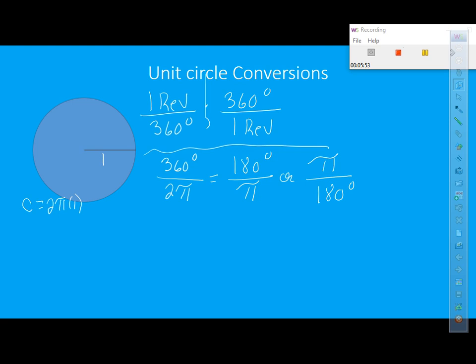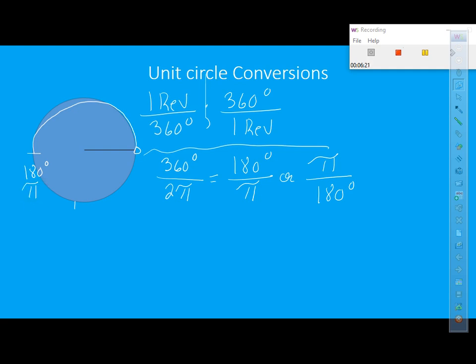Now, I just want to pick on this circle a little bit more before I jump into your class examples. Right here I'm at 0 degrees. I'm also at 0 radians. If I go this loop around the circle and stop there, I'm at 180 degrees. I'm also at pi radians.